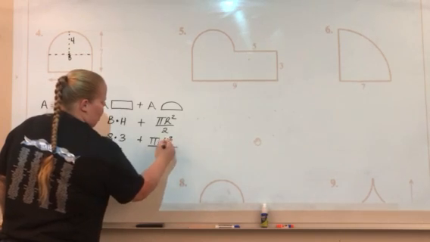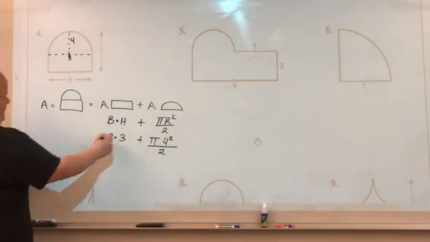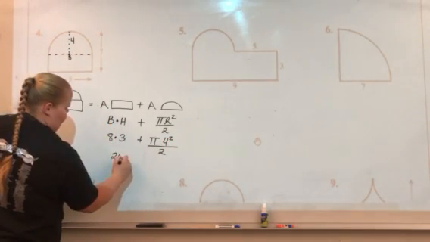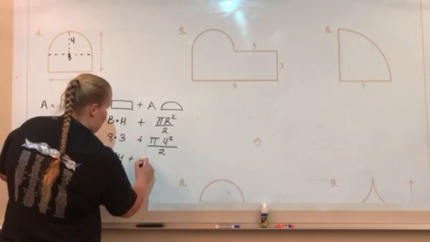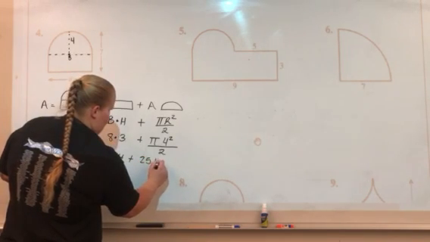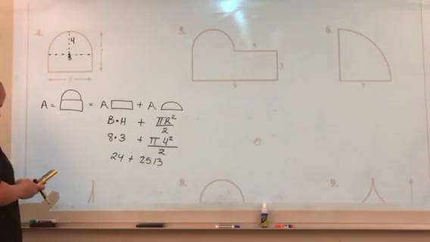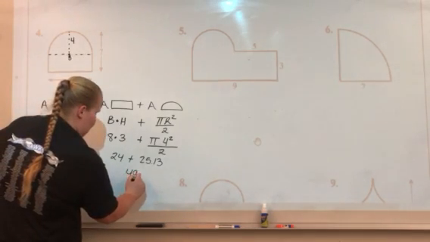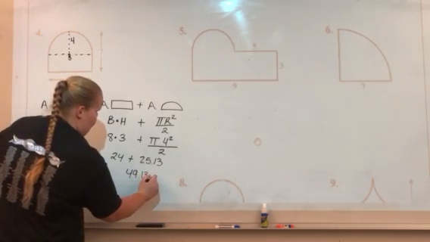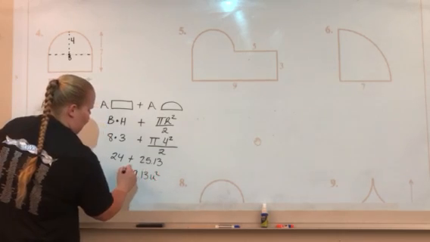So that's 4 squared. 8 times 3 is going to be 24, and we're going to add this to pi times 16 divided by 2, which is 25.13. So that's going to be 49.13 units squared.